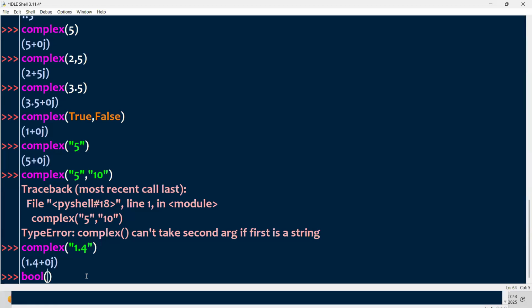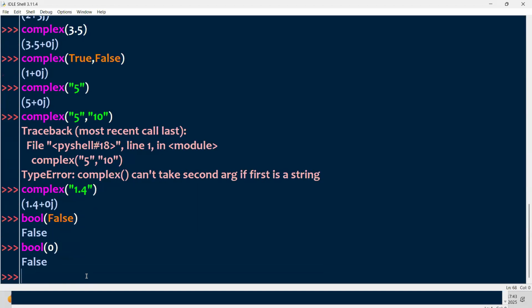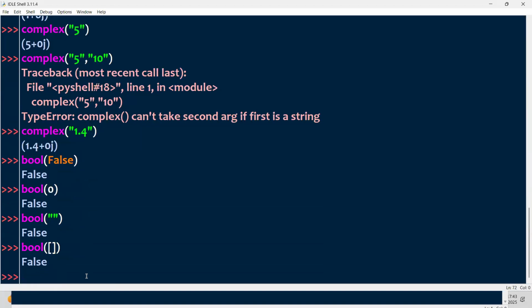Falsy values means, for example, false, 0, and empty string. So these type of values are what here? False values. Let's take the empty list. Okay, so empty one also false. So falsy values means false, 0, empty string.